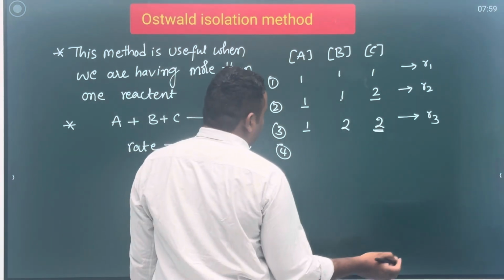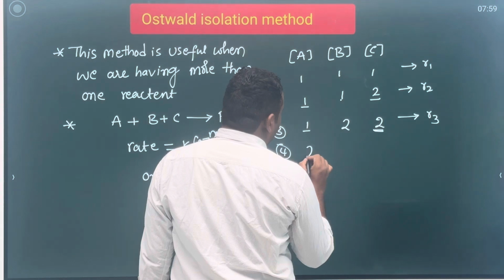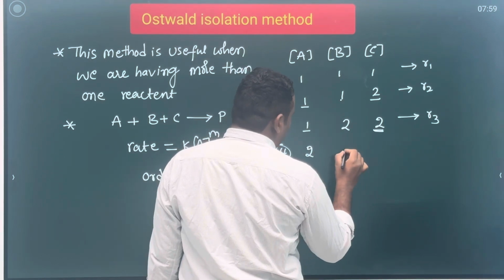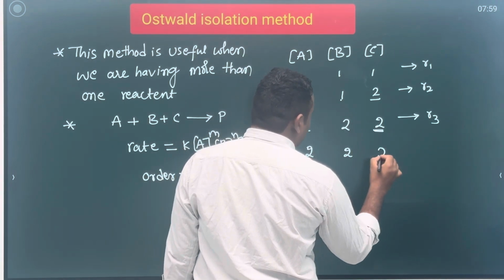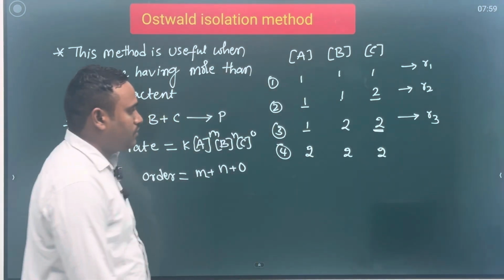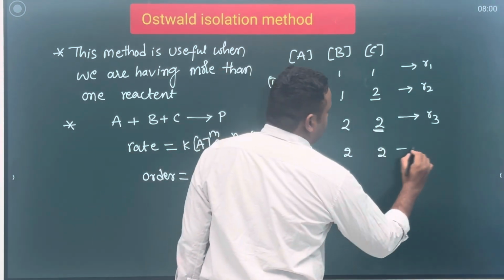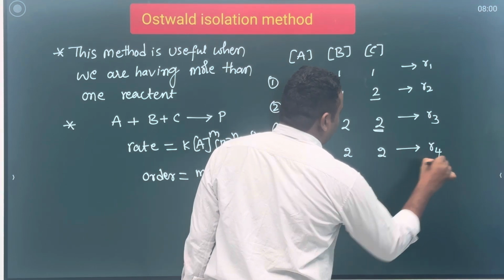And in the next experiment what I will do, here I will take the concentration 2 and here also concentration 2 and here also concentration 2 I am going to take. So when you observe here, this I am going to consider R4.